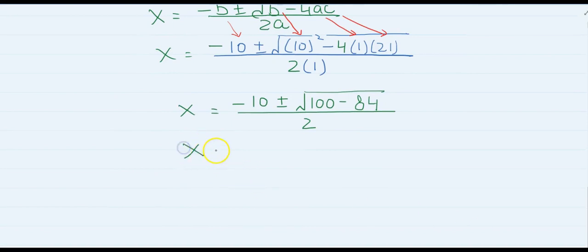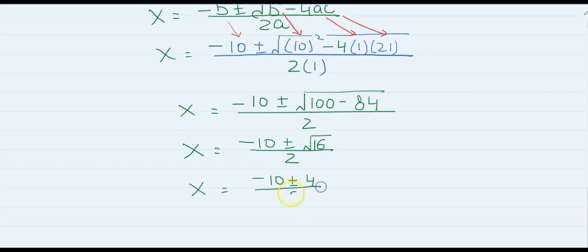So x will be negative 10 plus minus, you know that 100 minus 84 is 16, over 2. So x will be negative 10 plus minus 4 over 2.